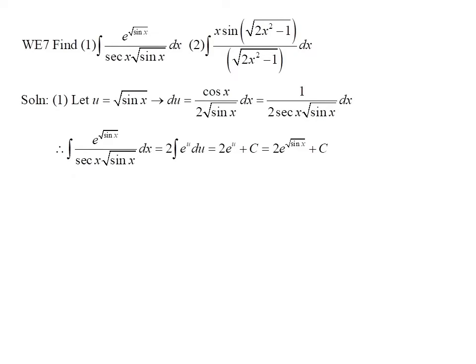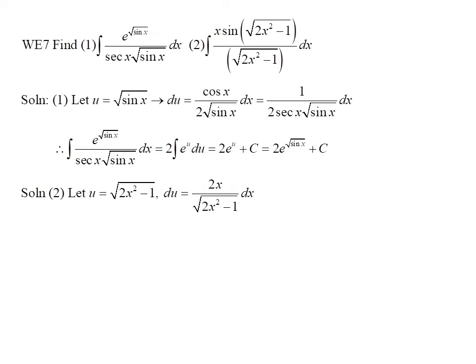Hence, the antiderivative is written as 2 times the integral of e to the u du, which equals 2e to the u plus c. After substituting back to the variable x, it equals 2 times e to the square root of sine x plus c.